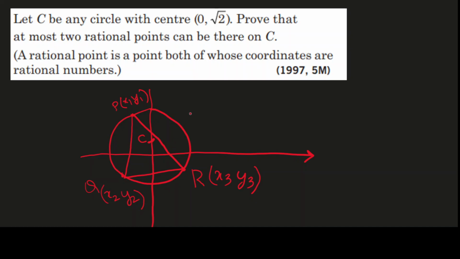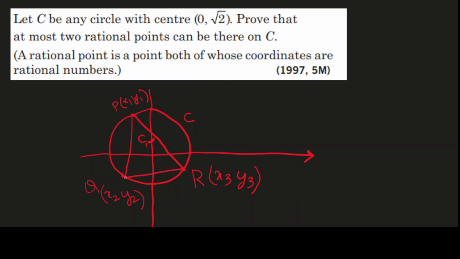Let C1 be the center, right? So the circle is the circumcircle of PQR. But we know what the circumcenter is: it is nothing but the point of intersection of the perpendicular bisectors.